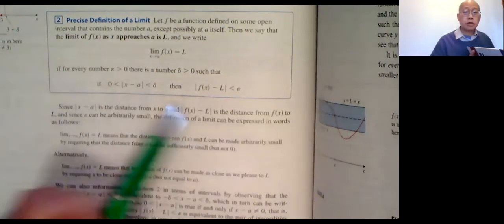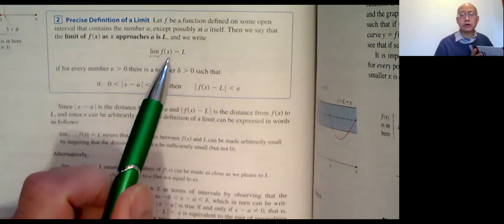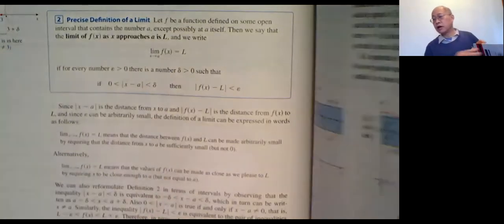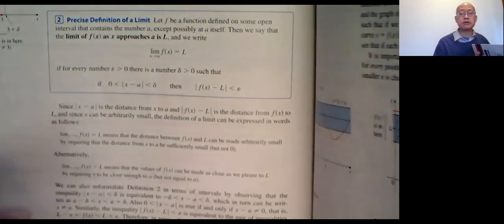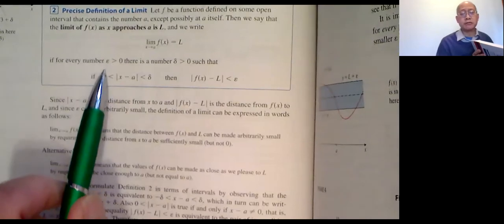Okay? So we talk about close, and I've been using close to y, close to 2, close to 3, and in mathematics that doesn't sound very precise. Right? So how do I get a more precise definition? Close. Well, how close do you want? So you give me a challenge number, so to speak, an epsilon greater than 0.